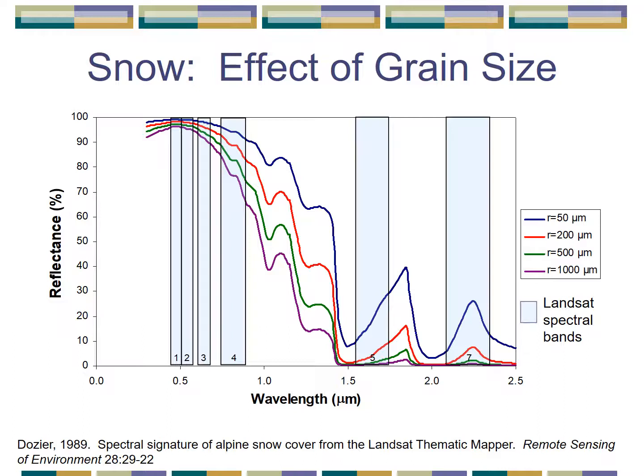What about other things, not just vegetation, not just dirty water? What about snow? Turns out you can analyze snow more than you might realize. When we look at the wavelengths, down around the visible spectrum, as you might anticipate, we have nearly 100% reflectance, meaning snow is white.